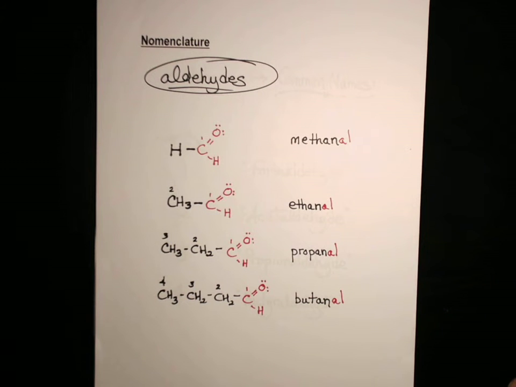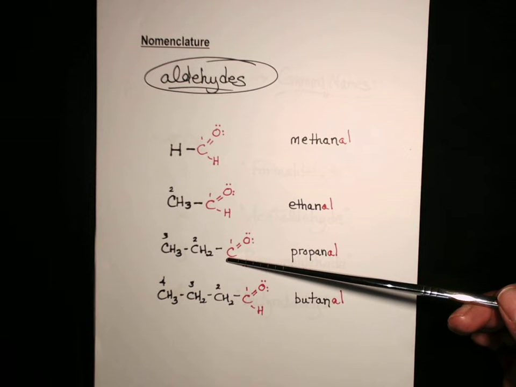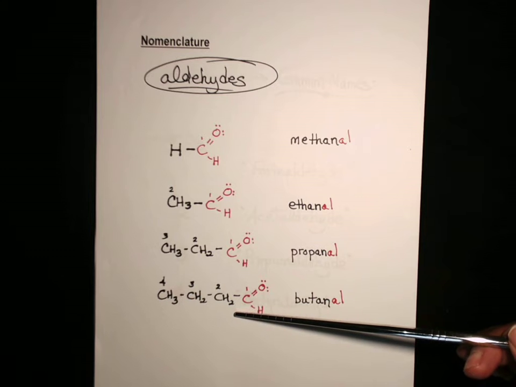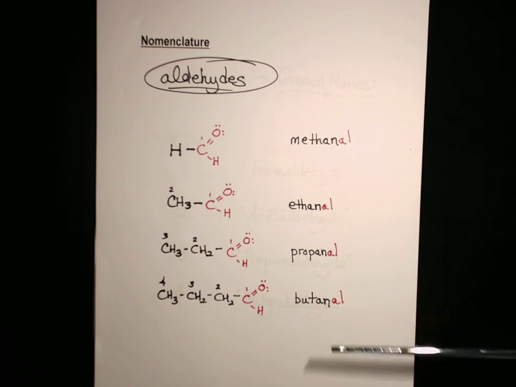Now, my second example, you notice I have 2 carbons. If this were an alkane, it would be ethane. But again, keeping in mind that we have to impose that al suffix, ethane becomes ethanal. 3 carbons, propanal. 4 carbons, butanal.